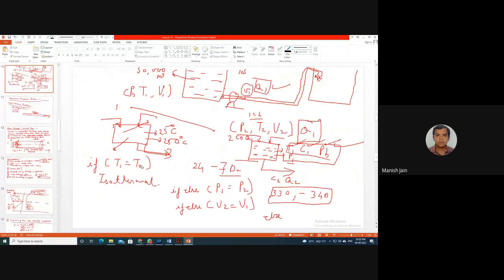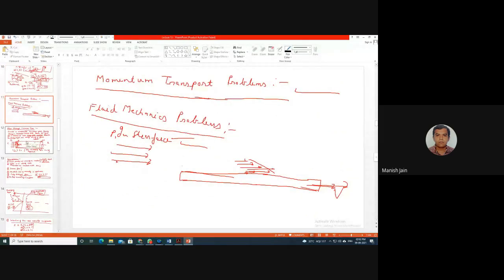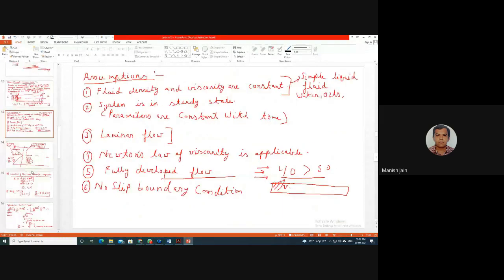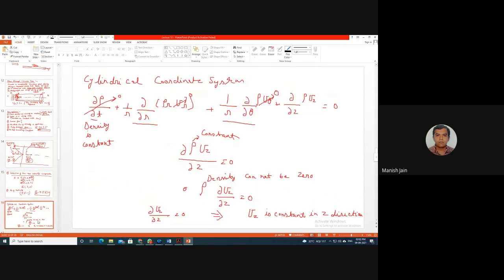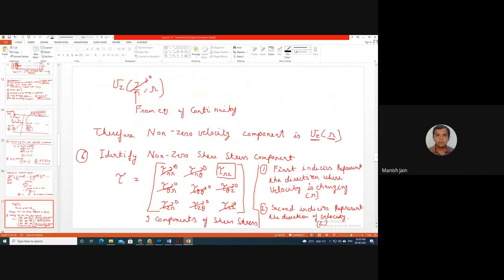Basically I am going very slowly in this derivation, because after completing it you should be able to solve any geometry. If I give you a triangular geometry, or the free flow of fluid in space, then you also have to derive a similar equation. You have to follow the same procedure and you can solve the problem.